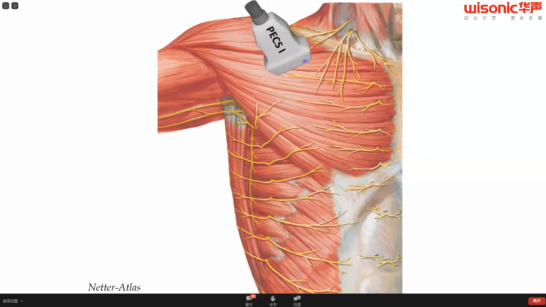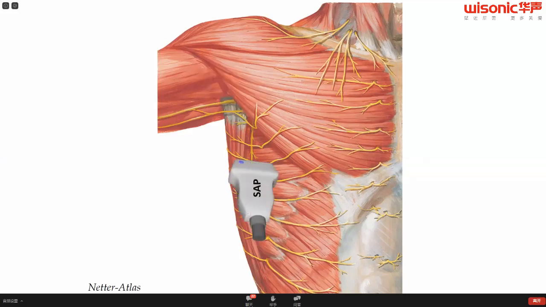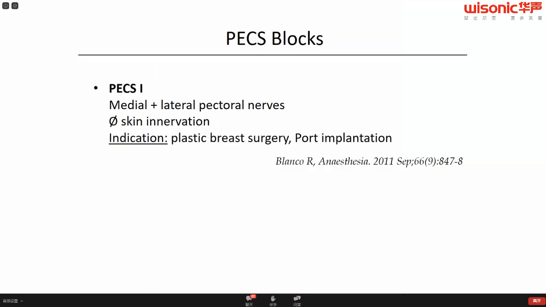For the PEC 1, you have to place the linear probe just below the clavicle. For the PEC 2 block, you move the probe more distally, at the level of the fourth rib, and the serratus anterior plane block is done at the level of the fifth rib in the mid-axillary line.